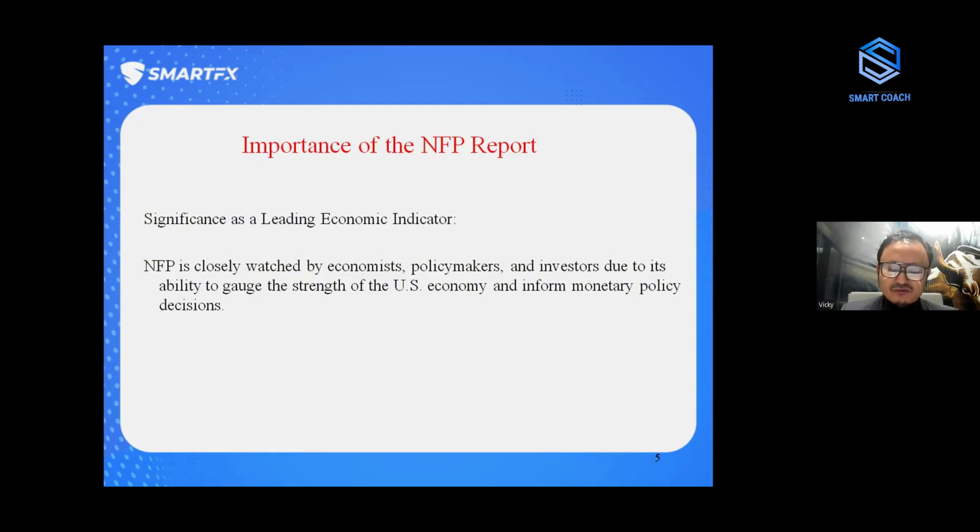However, if the data shows negative, that means the economy is shrinking. If the economy shrinks, the value of the dollar goes down.